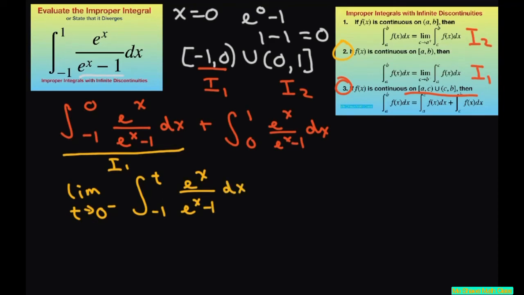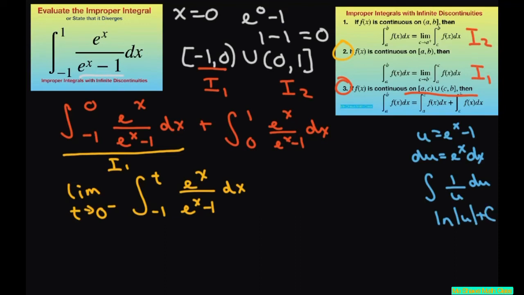Now we're going to have to evaluate this. So let u equal e to the x minus 1. So du equals e to the x dx. And therefore your integral would be 1 divided by u du. When you integrate that, that's going to be ln of u plus c.